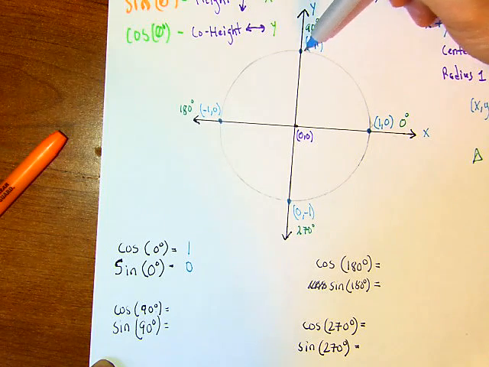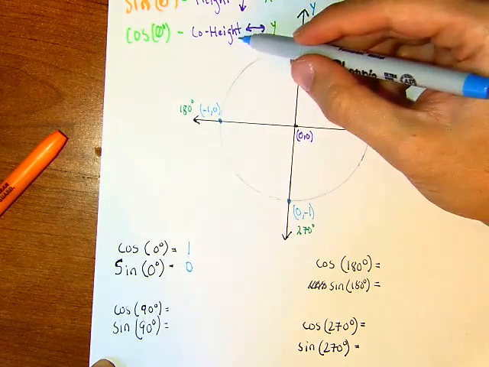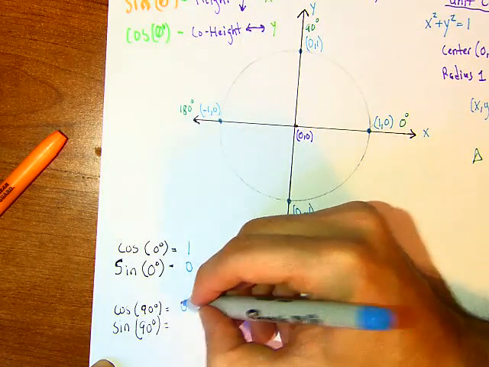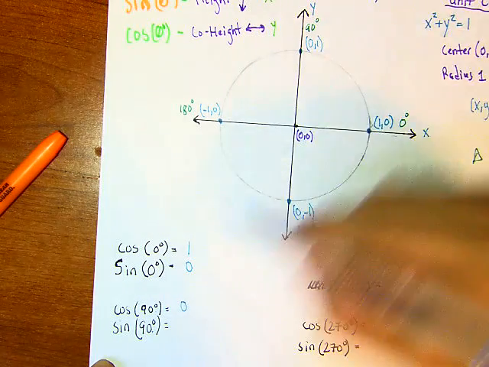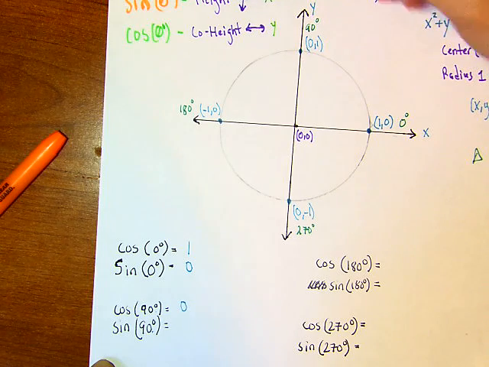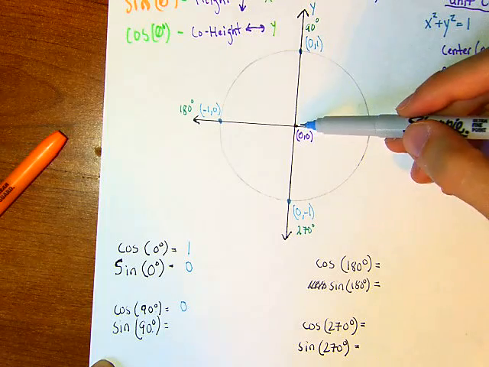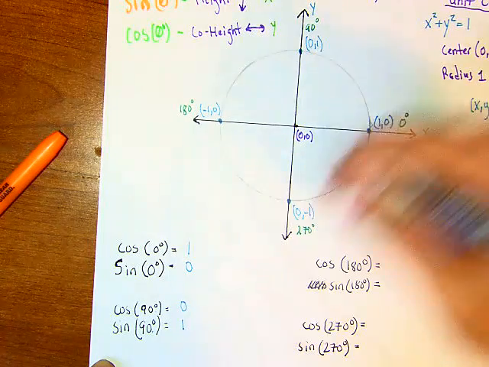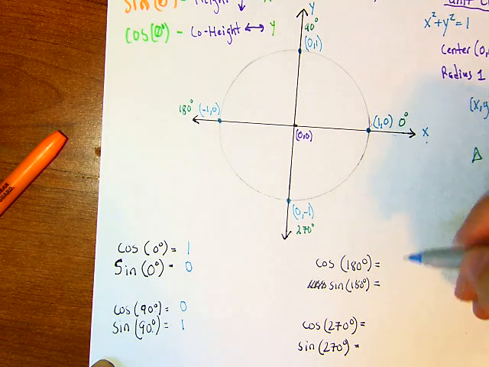Can I go left and right? No. The cosine of 90 degrees, or the coheight of 90 degrees, is 0. What will the sine of 90 degrees be? Remember, sine is height function, so think up and down. What's the distance from this point to the x-axis? This is 1.